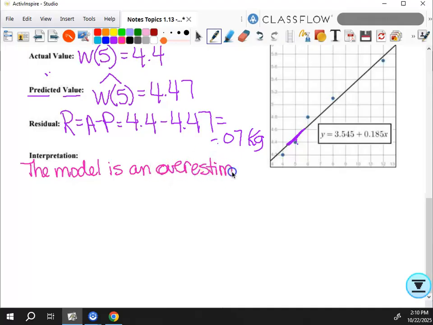Is it always an overestimate? No. It's an overestimate of the actual value at t equals 5 weeks.